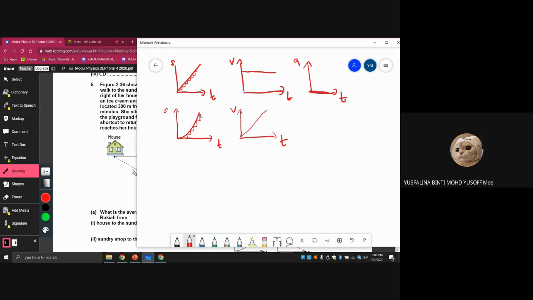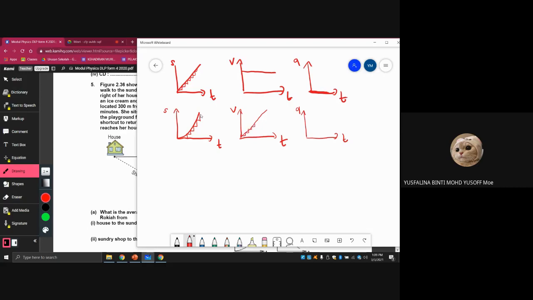Can you understand so far what I explained until now? All right, very good. And then how do I change from velocity against time to acceleration against time? Still the same method. You have to draw the triangle here.